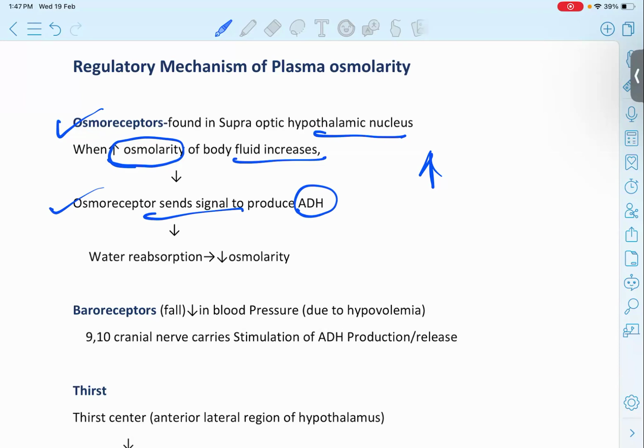So the osmoreceptor will send a signal to produce ADH, and the function of ADH is water reabsorption. If I am reabsorbing a lot of water, then the osmolarity is going to drop. So this is how the body maintains an optimum osmolarity as much as possible.